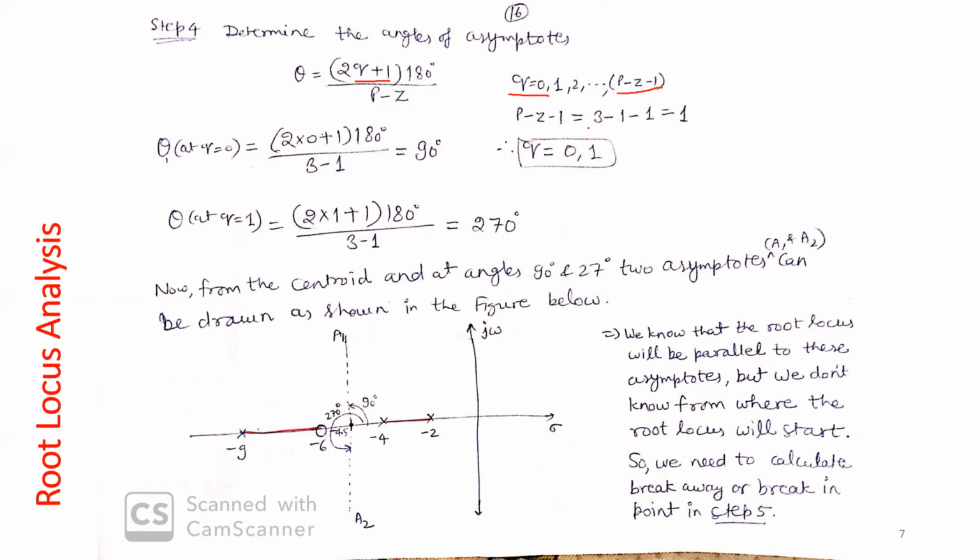So p, the number of poles, is 3, the number of zeros is 1, 3 minus 1 gives 2. So the value of q will vary from 0 to 1. When I put q equal to 0, I get 90 degrees. When I put q equal to 1, the theta value is calculated as 270 degrees.